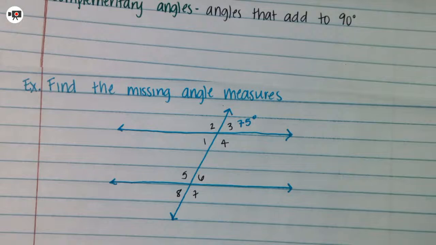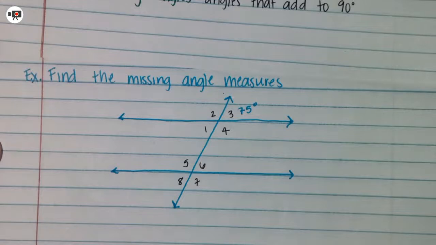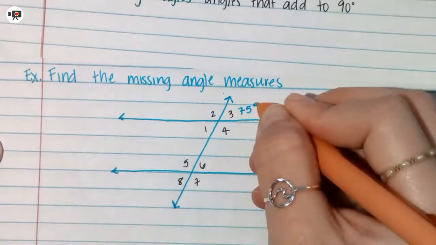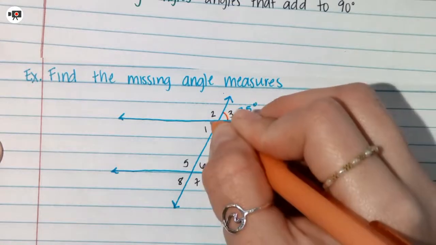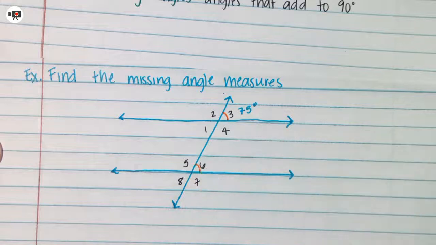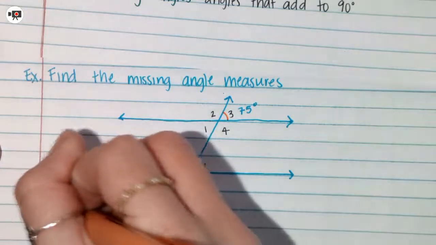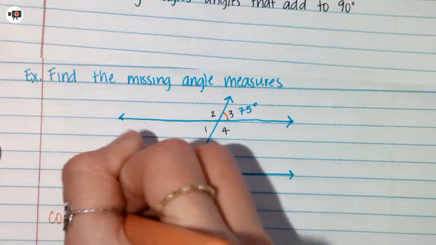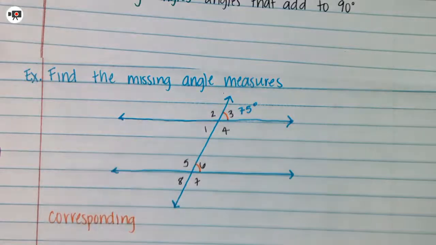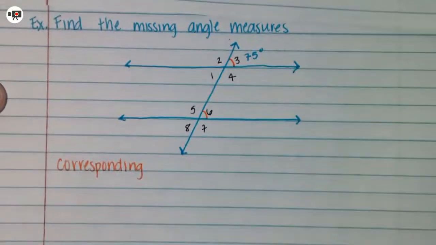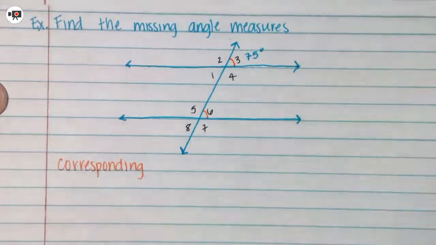I can. So let's start by identifying what we started with, which are corresponding angles. So I'm going to start with the one that I know. 3 corresponds to 6. I'm going to make a little list here so that I can keep track of what I know.